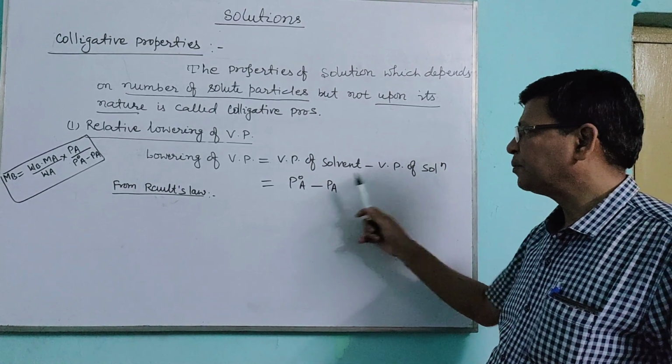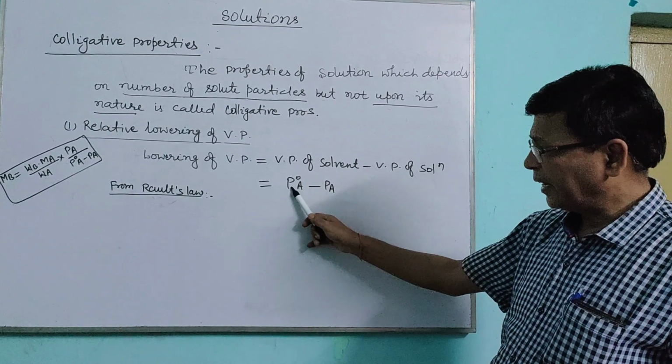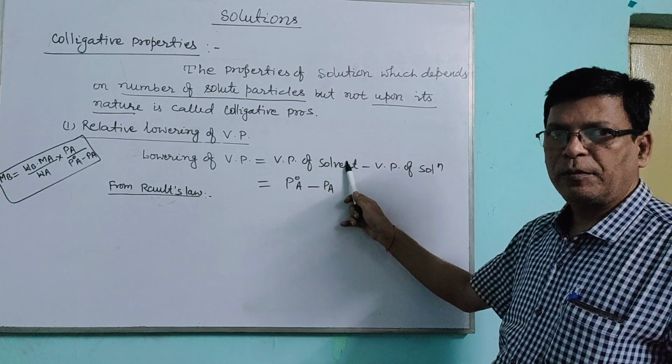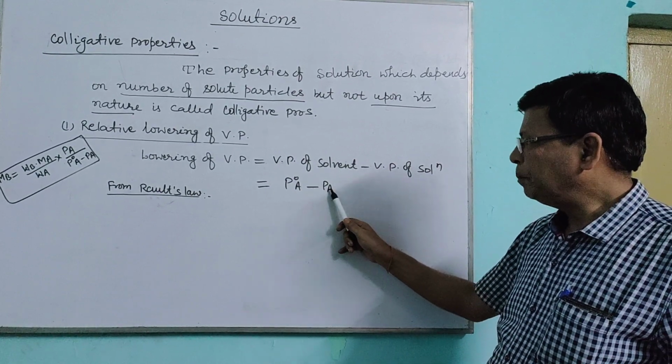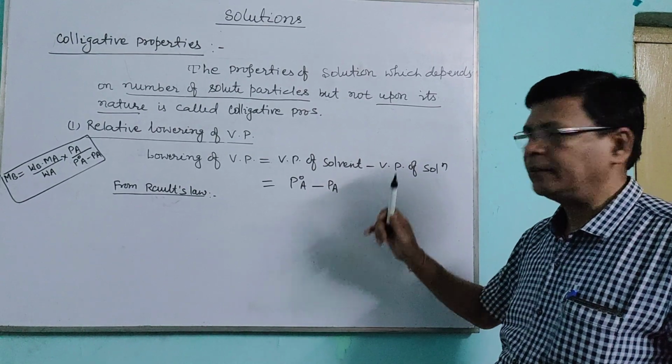That is P naught A minus PA, where P naught A is the vapor pressure of the pure solvent and PA is the vapor pressure of the solution.